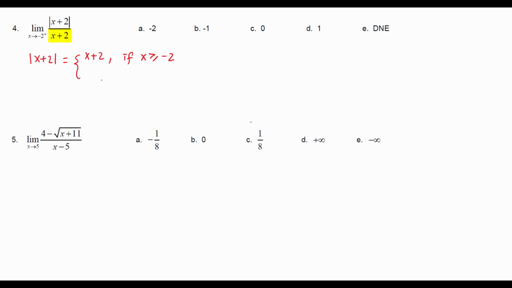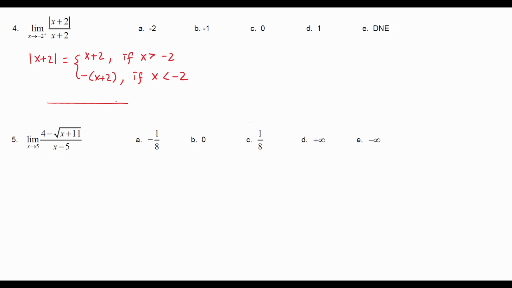And again, I see x plus 2 in the denominator, and if I plug in negative 2, I get 0, so this function will be undefined at x equals negative 2. So I'm going to get rid of negative 2 there. And then it is the opposite of x plus 2 if x is less than negative 2, right?